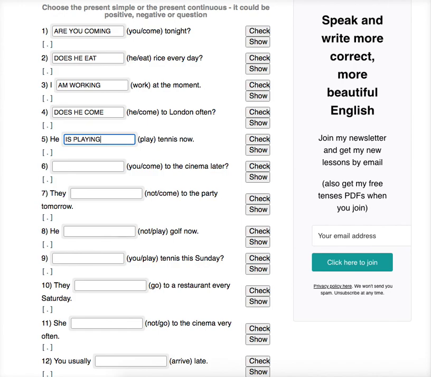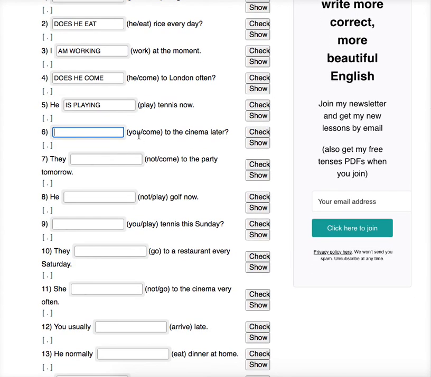Very good, Geronimo. Mariana, the next one. Look at this, princess. You have space. You come in brackets. And look at this. To the cinema later. Mira que la palabra que te va a indicar todo es later. So, baby, to the cinema later, Mariana. Present simple or continuous? Continuous.